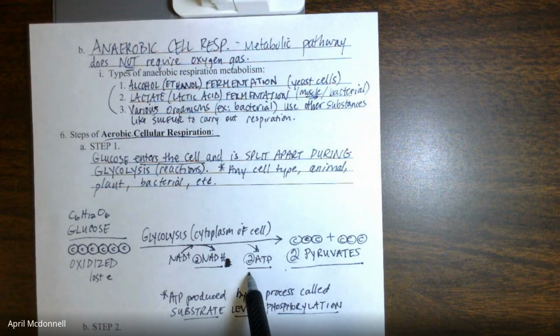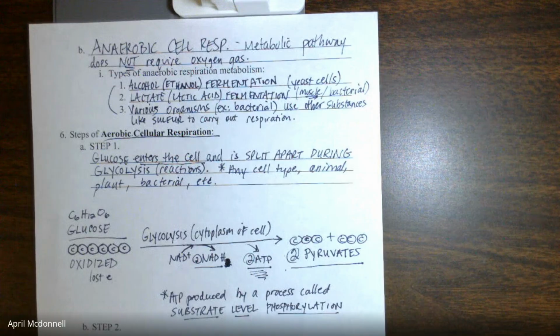The ATP that is produced right here is made by a process called substrate level phosphorylation. So please make sure you review that in chapter 7.